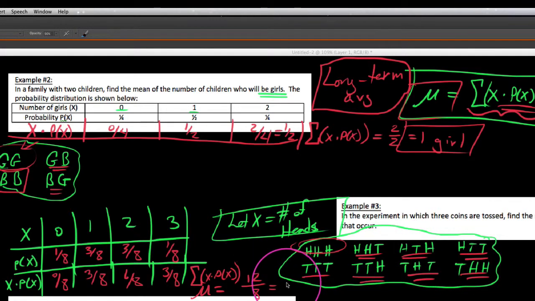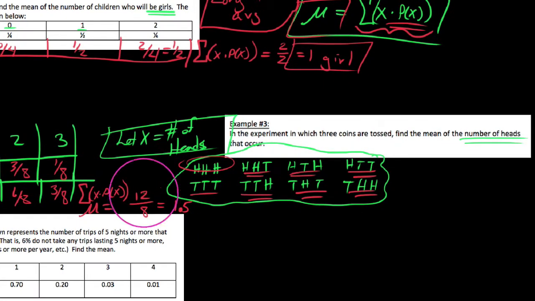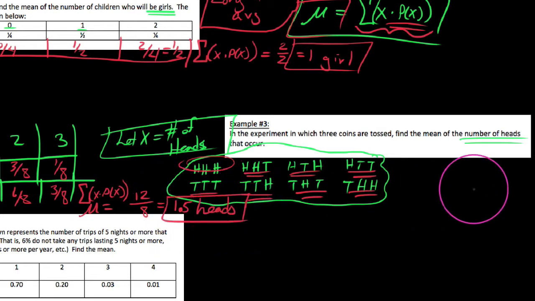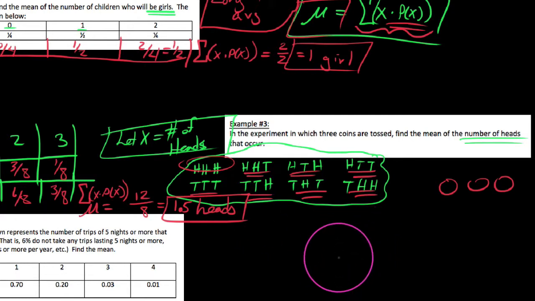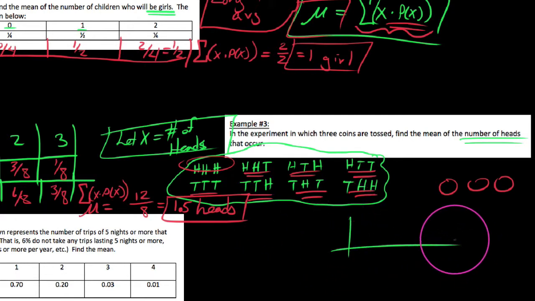We're going to write this down: 1.5. And just like we have in the past with averages, we should label this. What we were keeping track of was the average number of heads that show up on a coin. So it's like saying: if you flip 3 coins, on average, how many heads do you expect to see? 1.5.